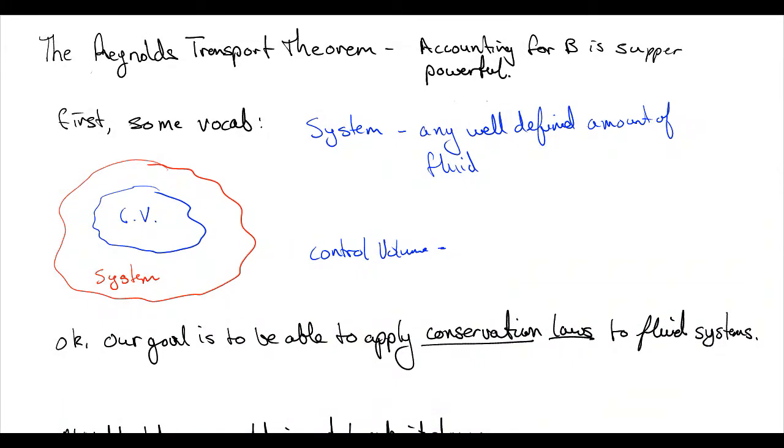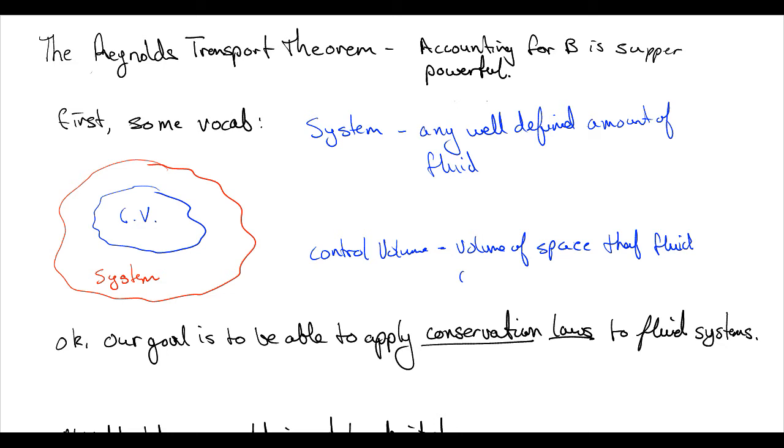A control volume is a volume of space that fluid can flow through. Specifically, fluid that is part of our system. Okay? So that should help, right?